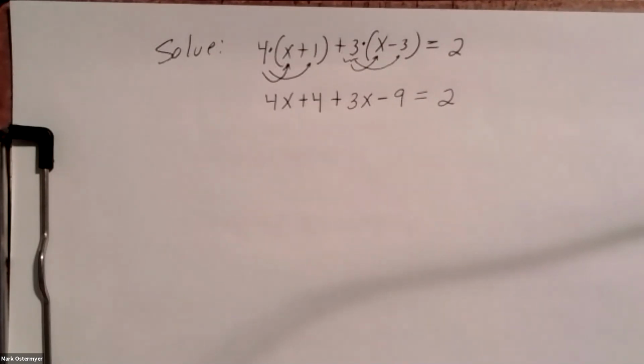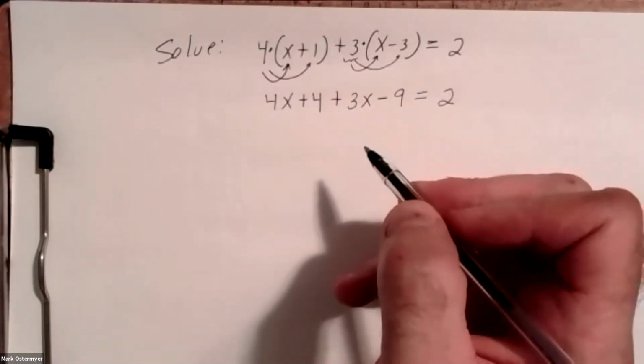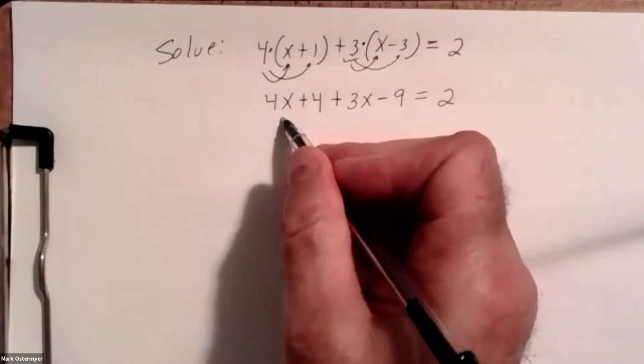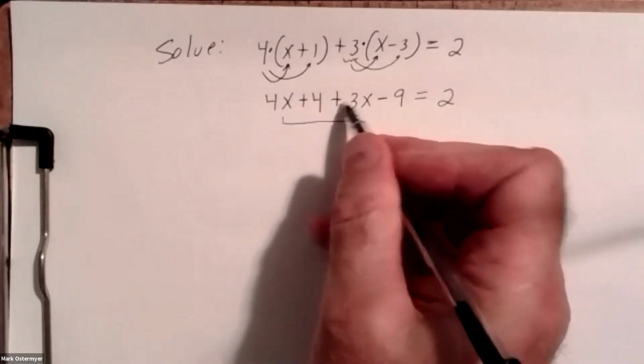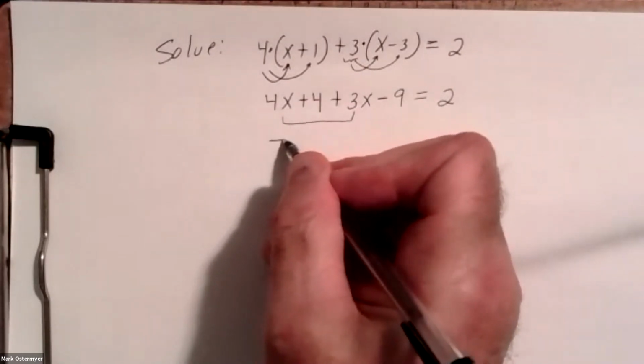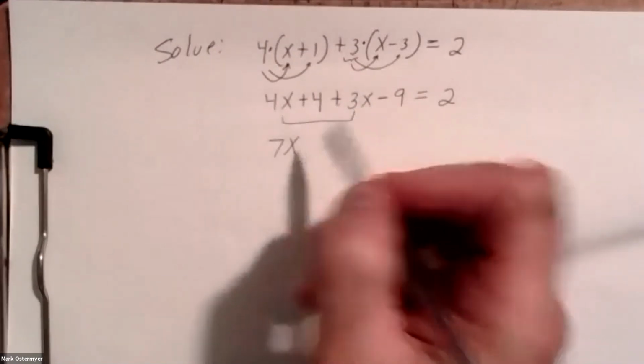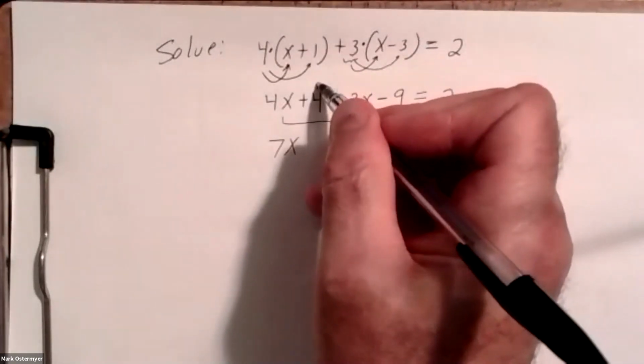Okay, any like terms on the left side that need to be combined? Any like terms? 4x and 3x. What is 4x added to 3x? 4x plus 3x is 7x. And we have these constants that need to be combined.